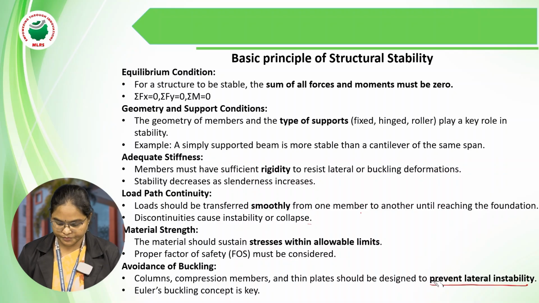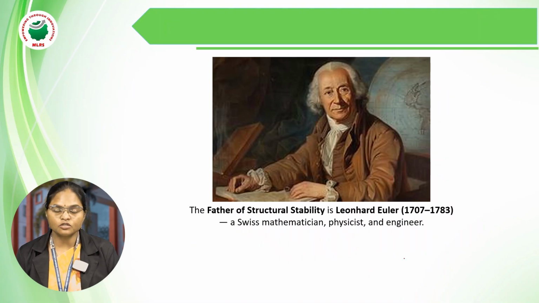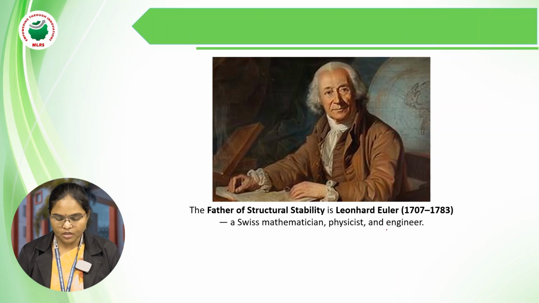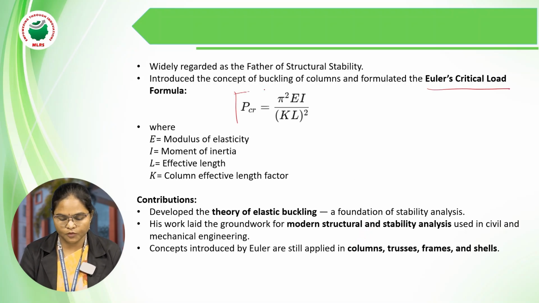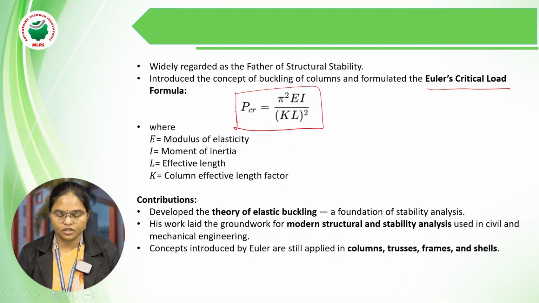Next, Euler's buckling concept is key. The father of structural stability is Leonhard Euler, a Swiss mathematician, physicist and engineer. He introduced the concept of buckling of columns and formulated Euler's critical load. The formula is: P critical equals pi square EI by KL whole square.